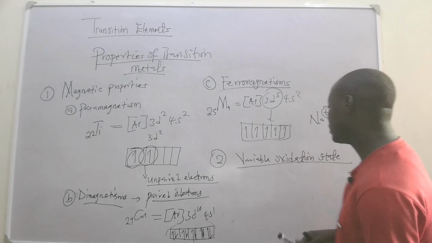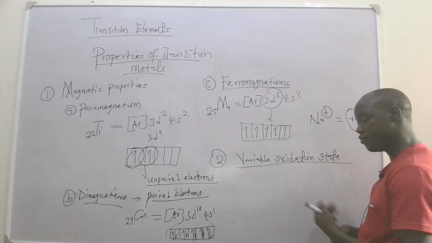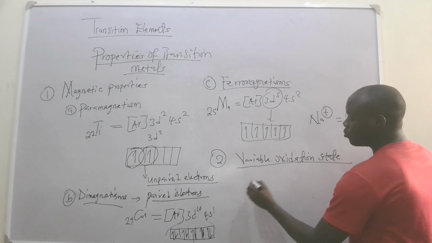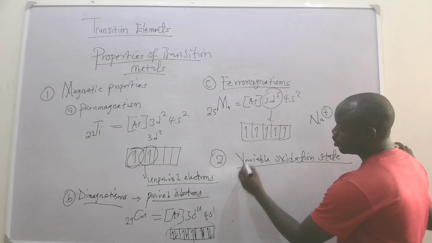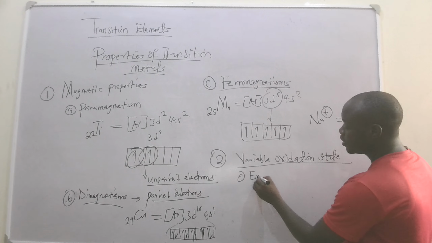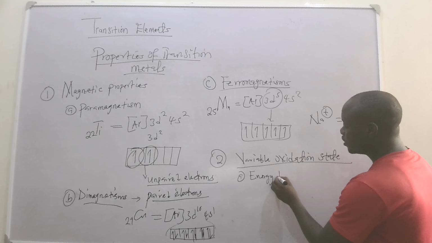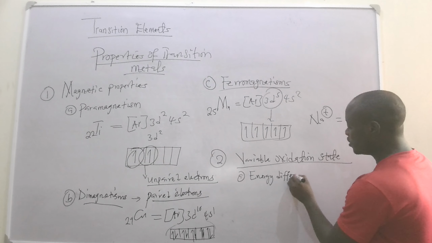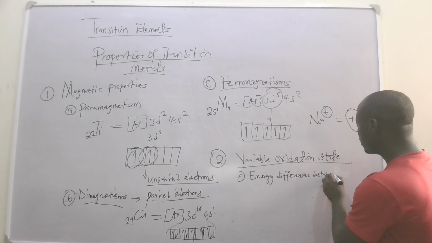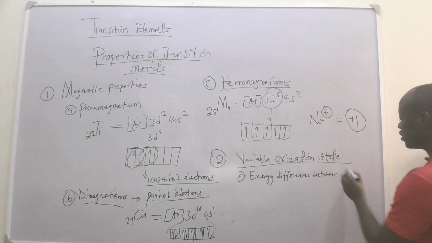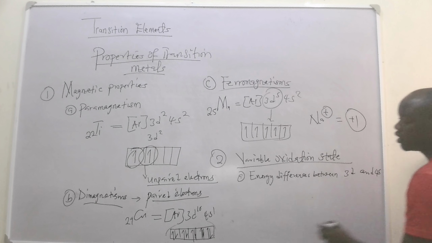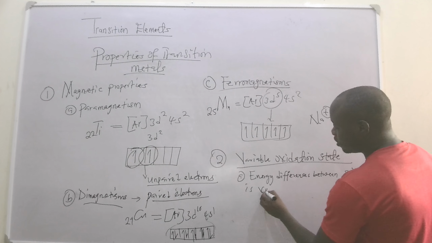So, ladies and gentlemen, why do transition elements have variable oxidation state? It's because of two reasons. Number one, the energy difference between the 3d and 4s is very small.